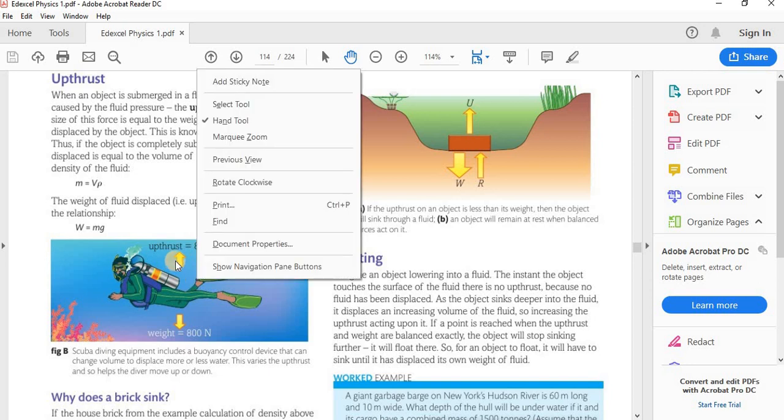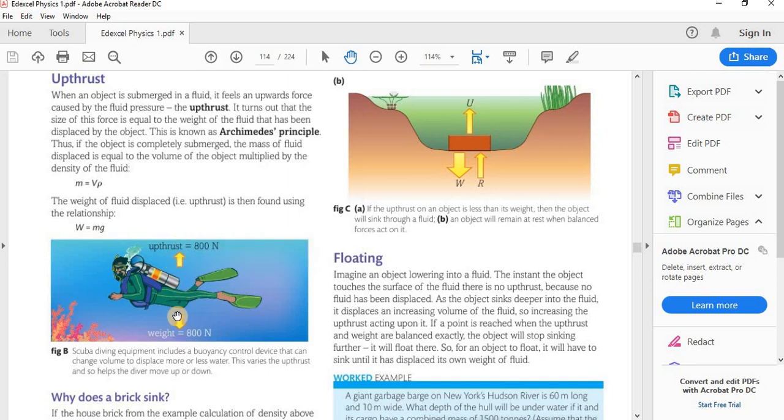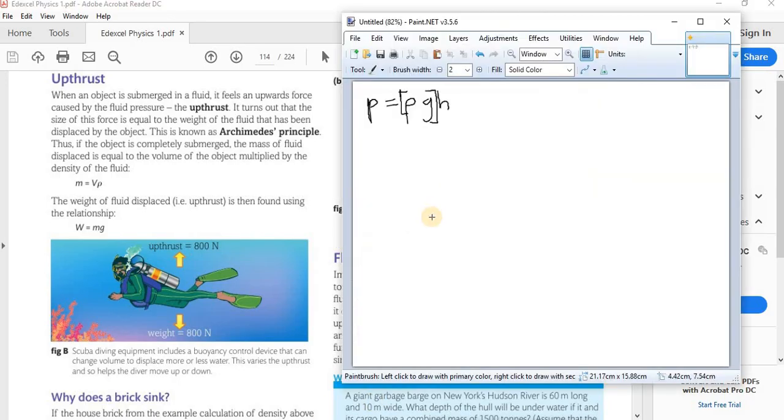So that is what causes upthrust. The difference in the pressures causes a difference in the force, and that results in upthrust.